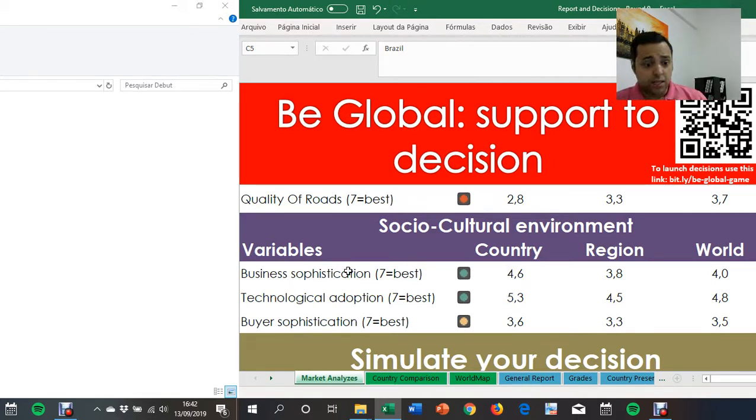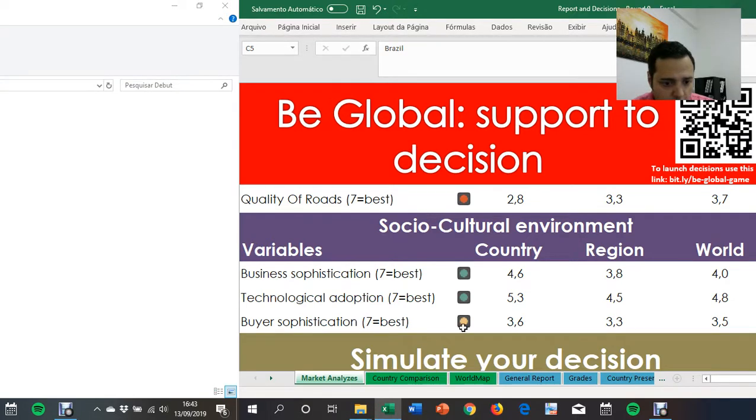And business sophistication means that if in the second or third round we look to find a partner in Brazil, it will be easy to find a very good partner that could help develop the business here. So using the joint venture option could be useful in the second or third round of the game. But right now, remember, we are in the first round.